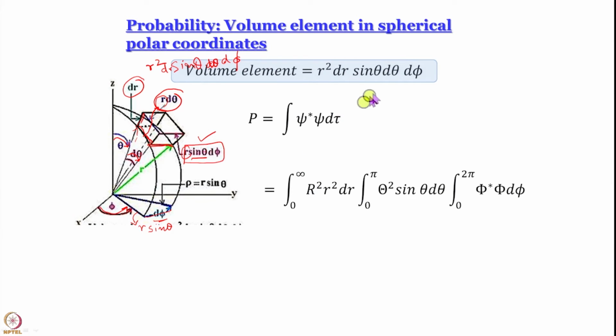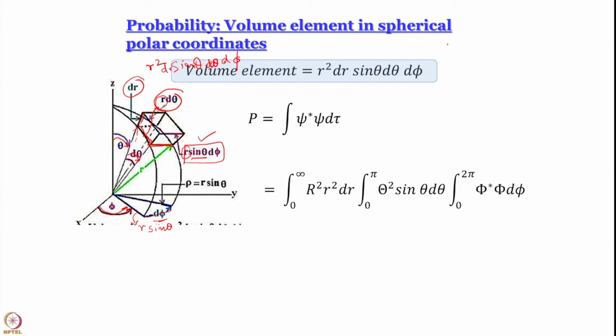Psi is capital R into capital theta into capital phi, and you might remember that capital R is real, capital theta is also real, capital phi is an imaginary quantity.